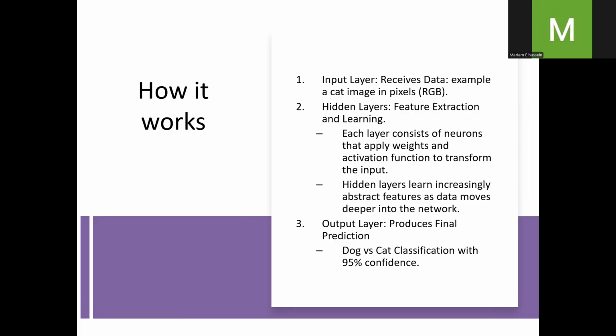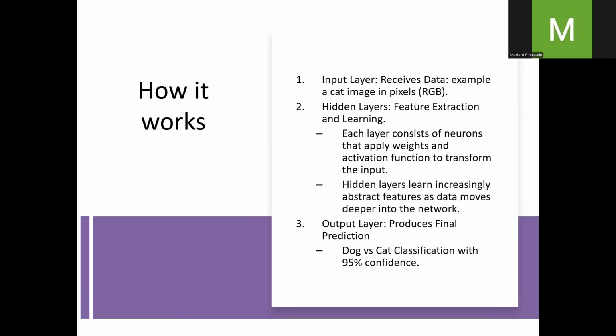Again, each layer will be applying the same approach that we discussed in neural networks. It's going to apply weights, pass them to an activation function, transform an output, and then move it to the second layer that will do the same thing.